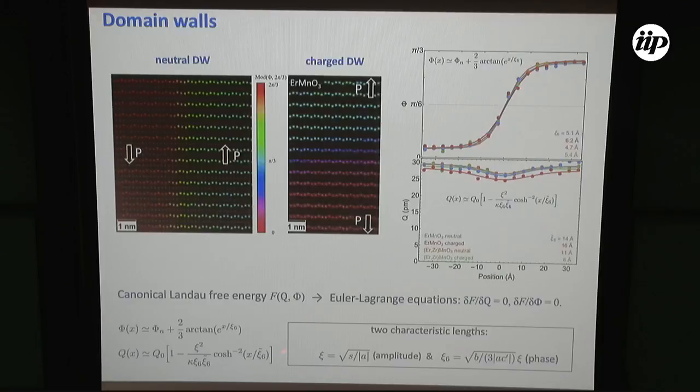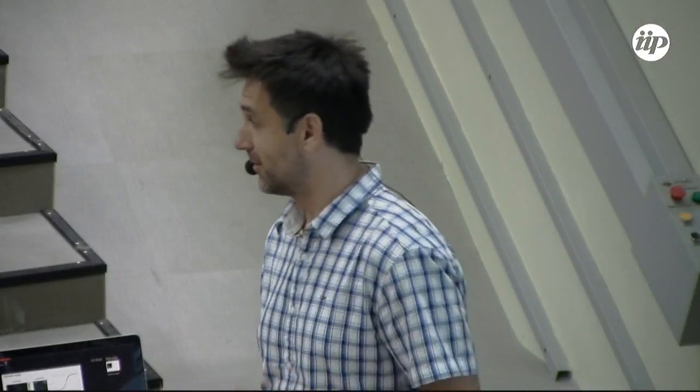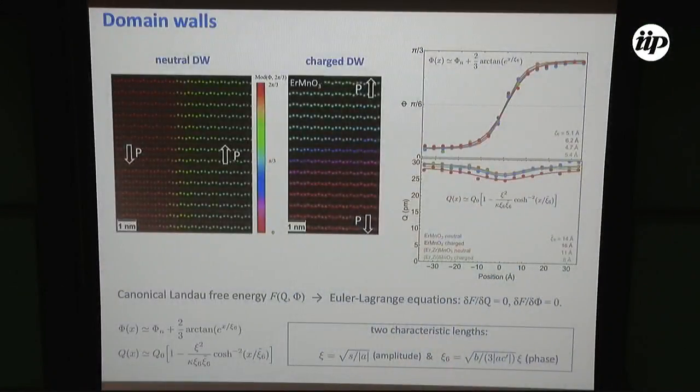One is the correlation length associated to the amplitude of the order parameter. But here, because of the two-component character of the order parameter, there is a second correlation length associated to the phase. And it is this second correlation length that is linked to the anisotropy term in the free energy.